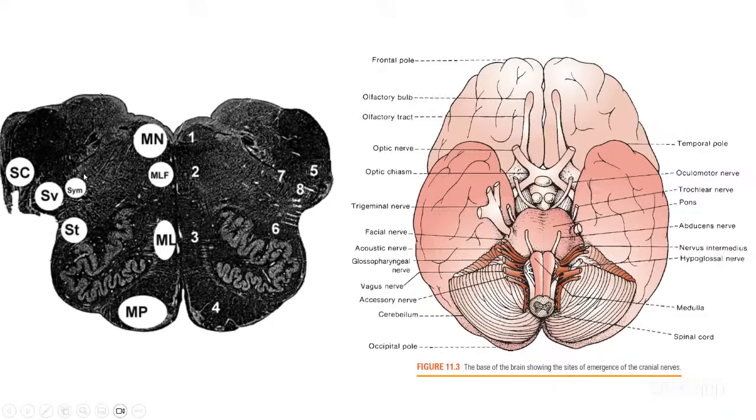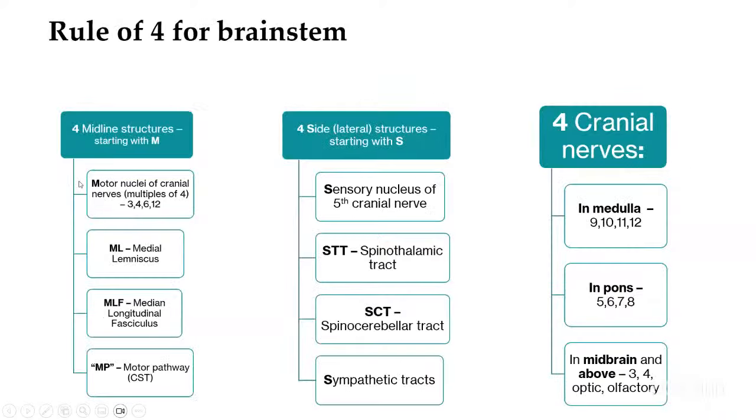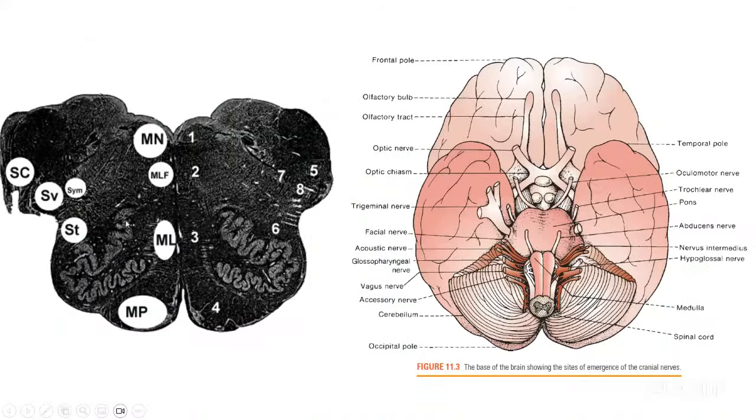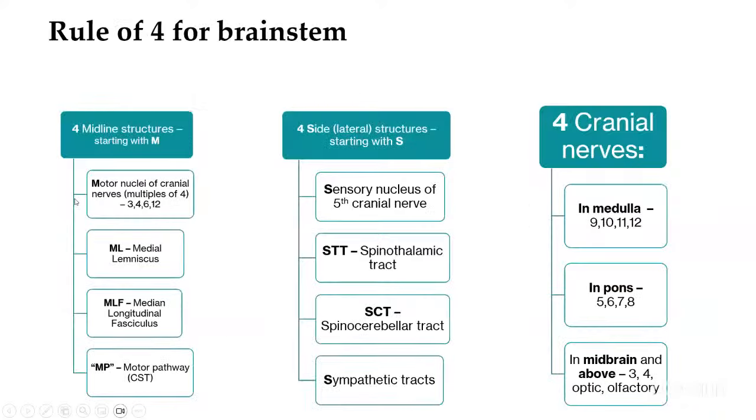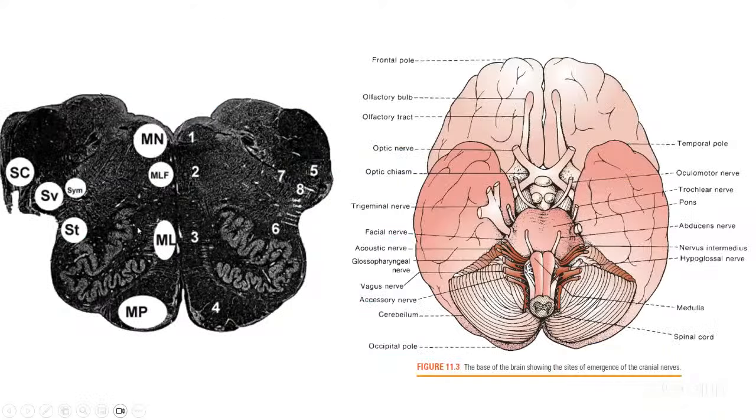Present in the lateral part, as we already discussed: spinal nuclei, sensory nuclei, spinothalamic tract, sympathetic tracts, and spinocerebellar tract.